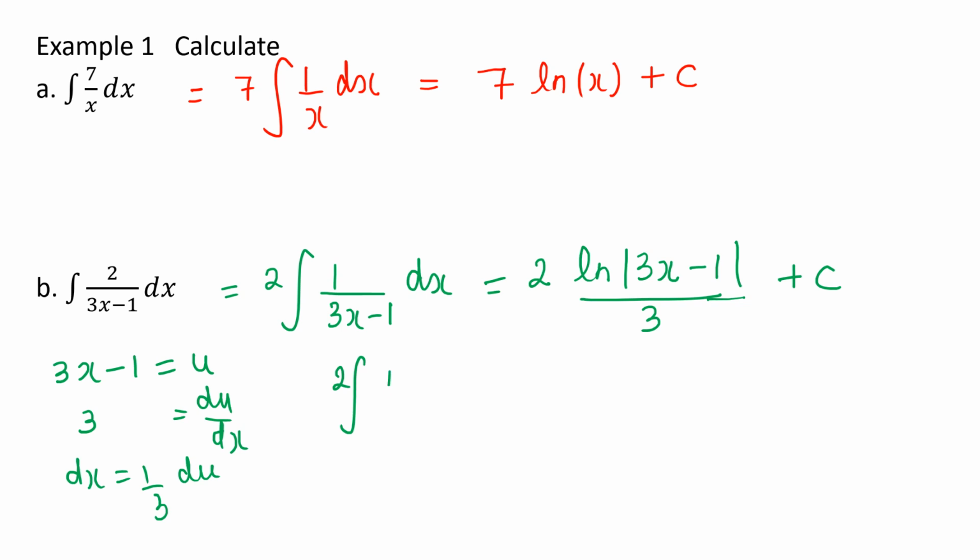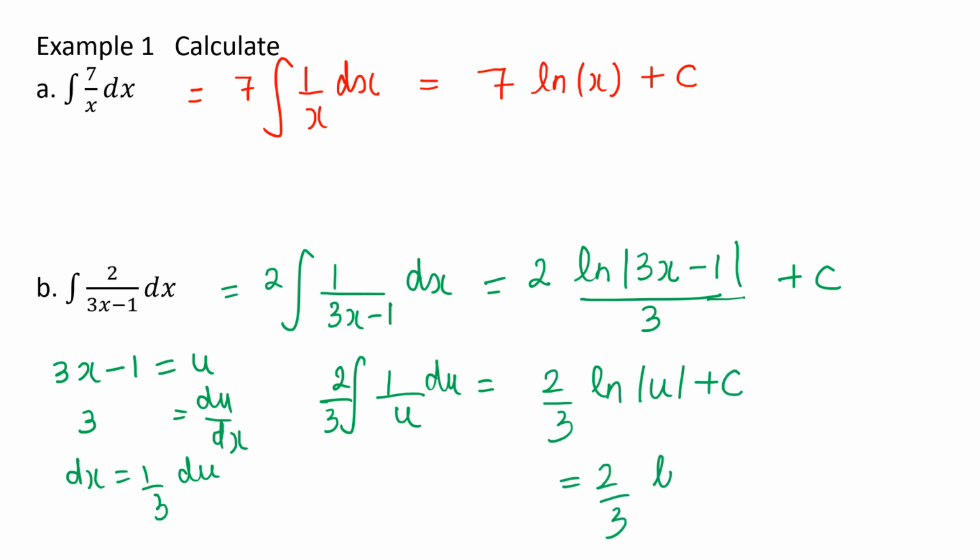So that's 1 over u, and then dx is 1 over 3 du. So that is 2 by 3 ln u plus c. So that's 2 by 3 ln, what was our u? u was 3x minus 1. I kind of like this method because it clearly shows us how we end up with that value. But again, it's not necessary in methods to show all that substitution.